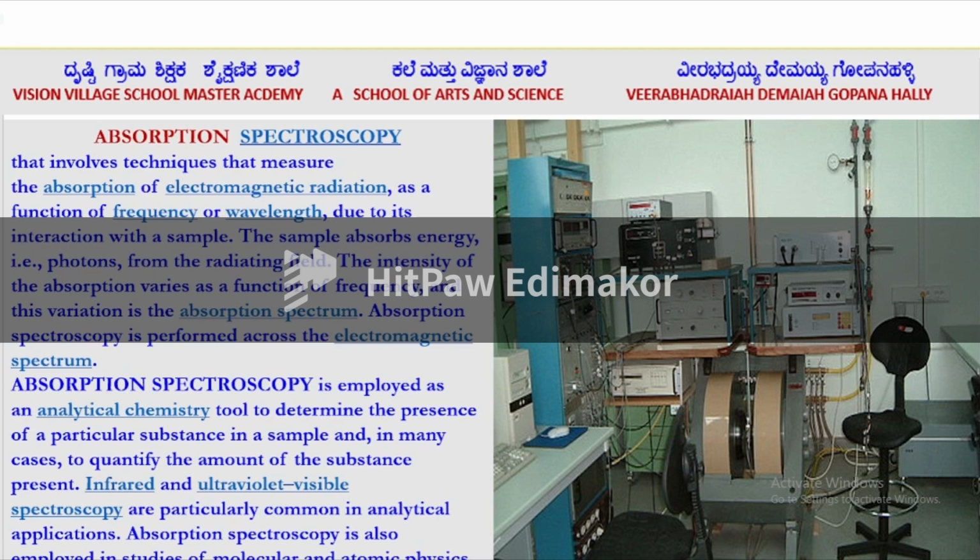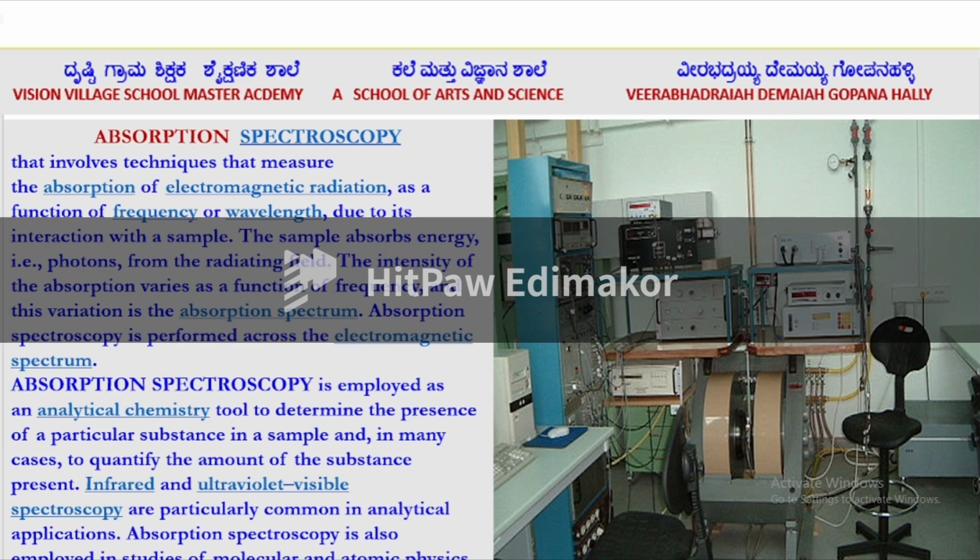The intensity of absorption varies as a function of frequency, and this variation is the absorption spectrum. Absorption spectroscopy is performed across the electromagnetic spectrum. It is employed as an analytical chemistry tool to determine the presence of a particular substance in a sample and, in many cases, to quantify the amount of substance present.